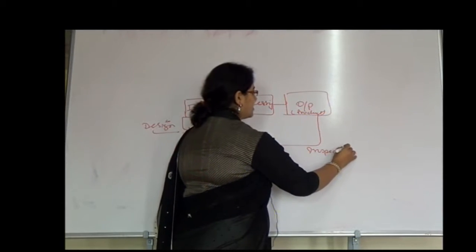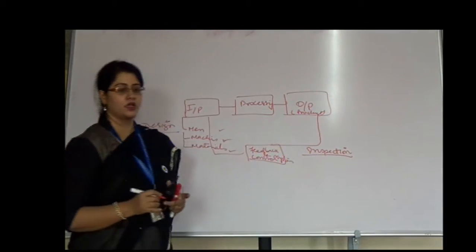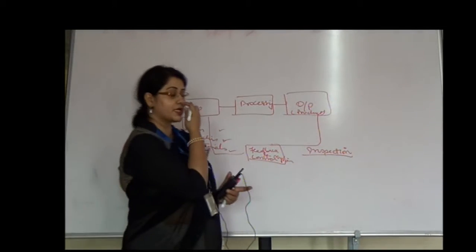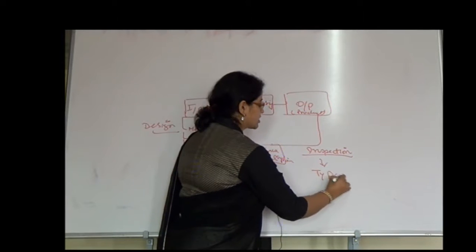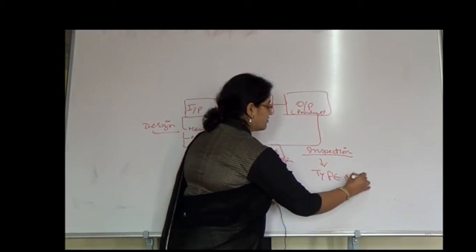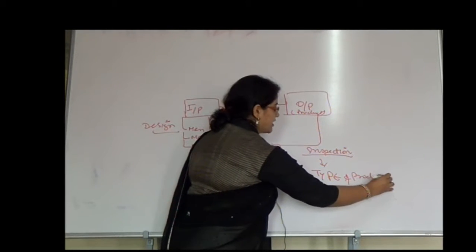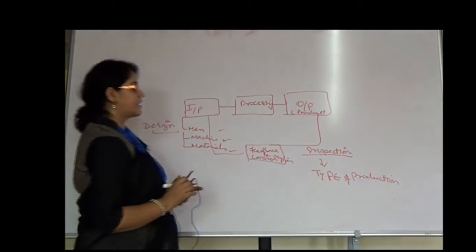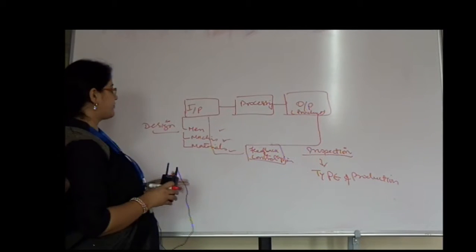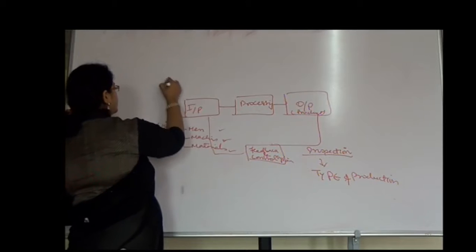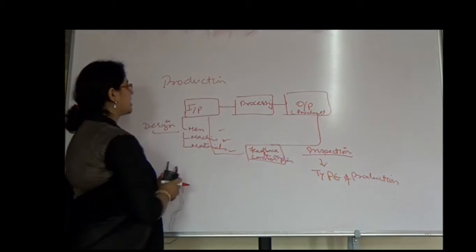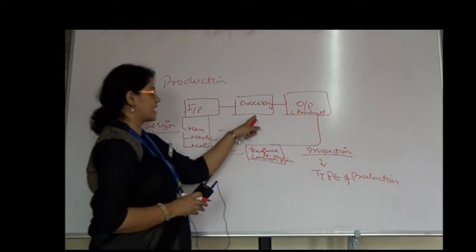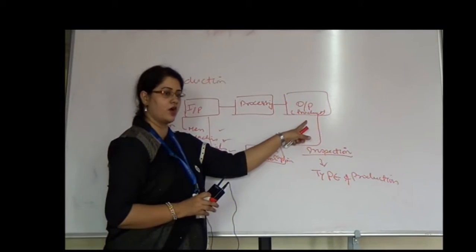Now what is inspection? Suppose this inspection depends upon what type of production we are having. This we will take later, the types of production, but to brief it, production is having an input, we do the processing and we get the desired output, right.